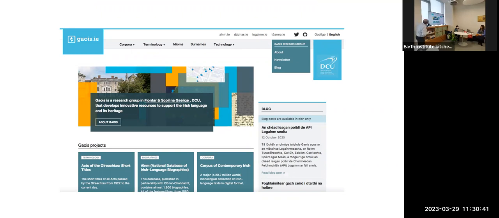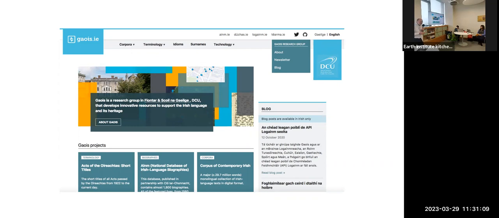Now, just a word about Fiontar in DCU. We've been working with them for over 10 years now on the Dúchas project. You can see at the top there, the tabs. They are also responsible for logainm.ie, the place names database, which many of you here will use all the time, and for ainm.ie, the biographical database, and tearma.ie, a national terminology database.